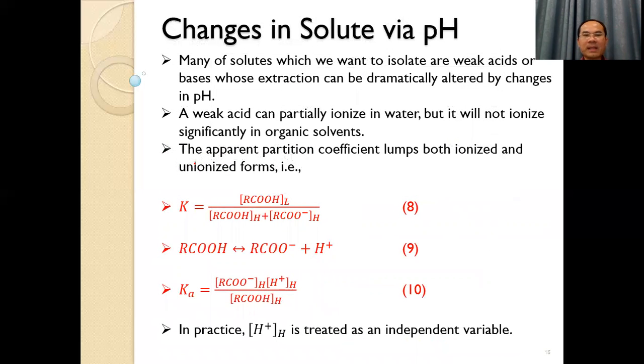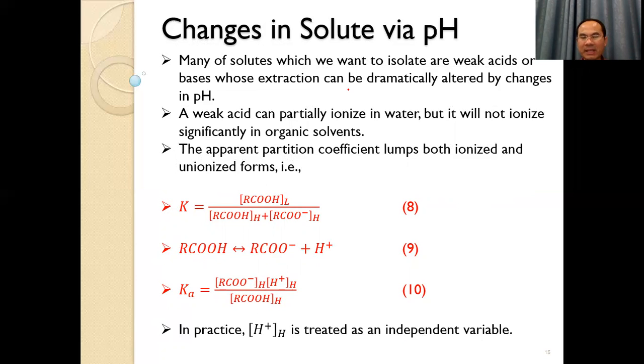Okay, many solutes which we want to separate are weak acids or bases. A weak acid or base can be ionized in water. If you would like to extract for this system, the K value varies with the change in pH.